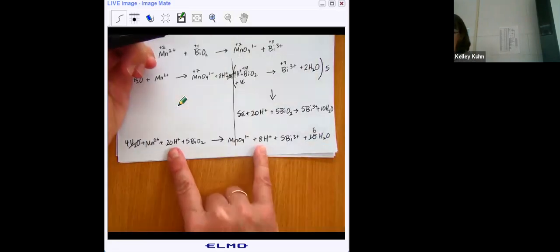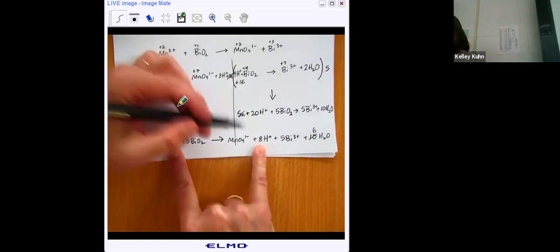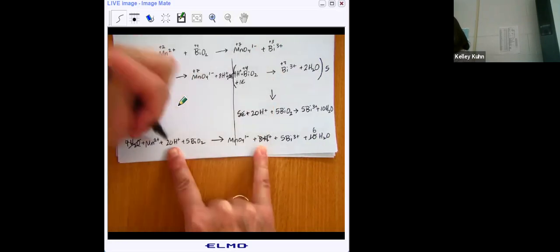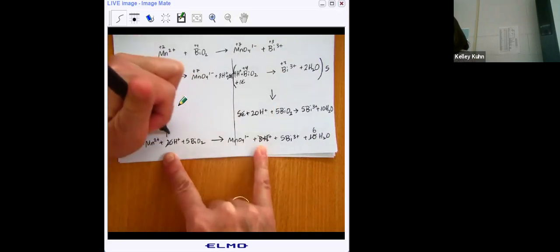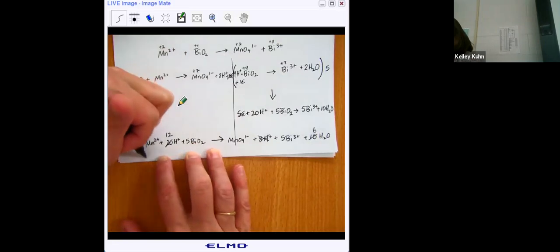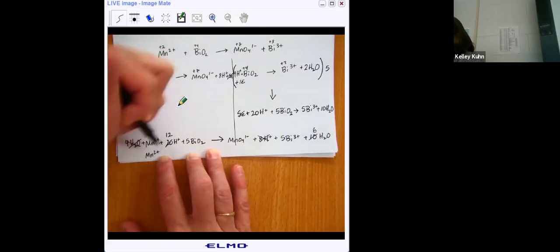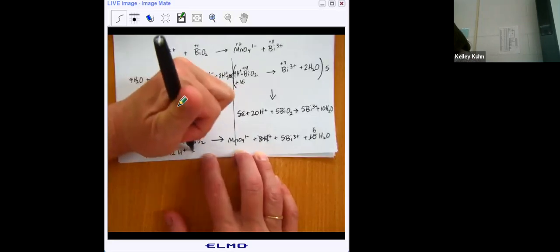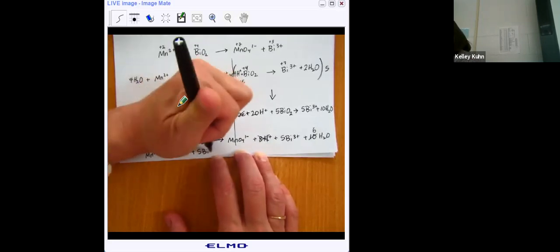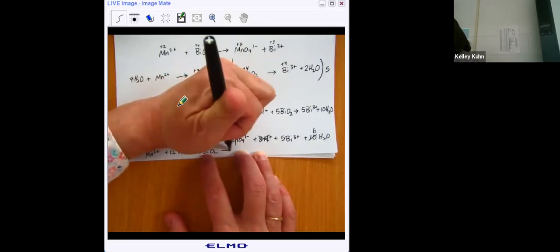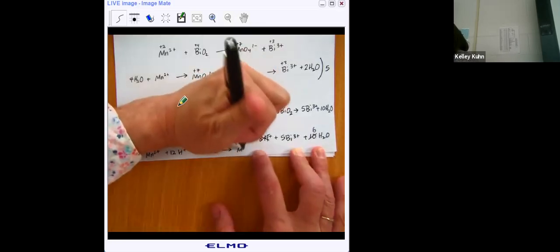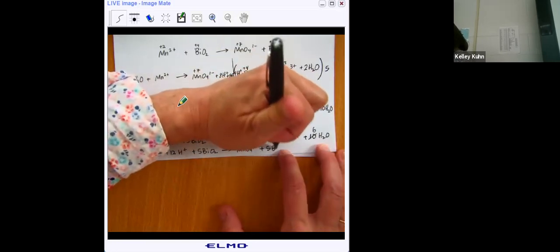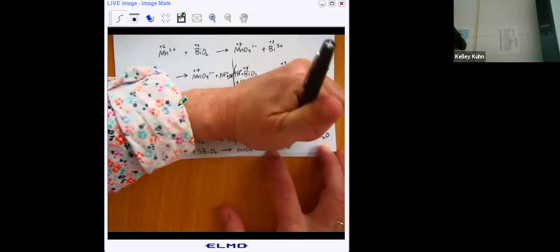And then here, I'm going to subtract 8 hydrogens from each side, and 20 minus 8 is 12. So my final reaction is Mn2+ plus 12 hydrogens plus 5 bismuth 4 hydroxides go to a permanganate plus 5 bismuths plus 6 waters.